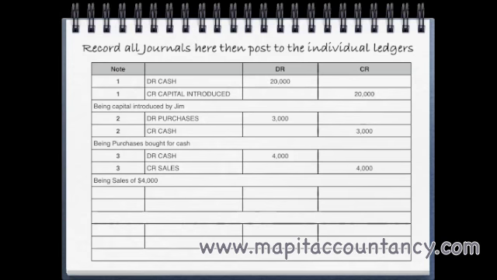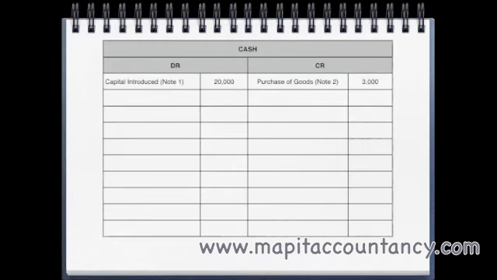So let's do that in the ledger accounts. We've got one already for cash. We'll have to create a new ledger account for sales. But let's deal with the cash first of all. So here we have our cash account. We have the capital introduced in note 1, the purchase of goods in note 2. We now have the sales from note 3, and it was debited to cash to increase the amount of cash in the business. So sales from note 3 are debited to cash and the credit goes to sales.